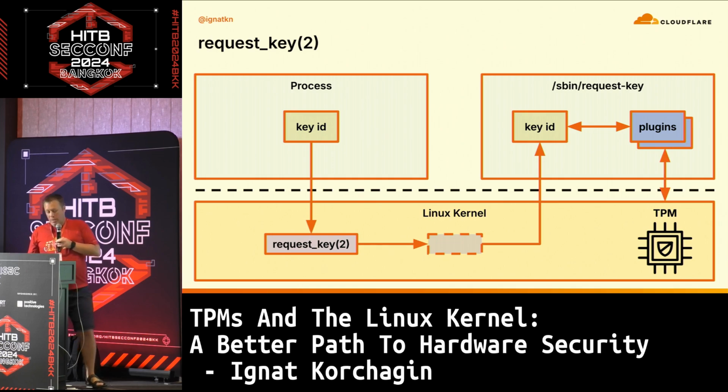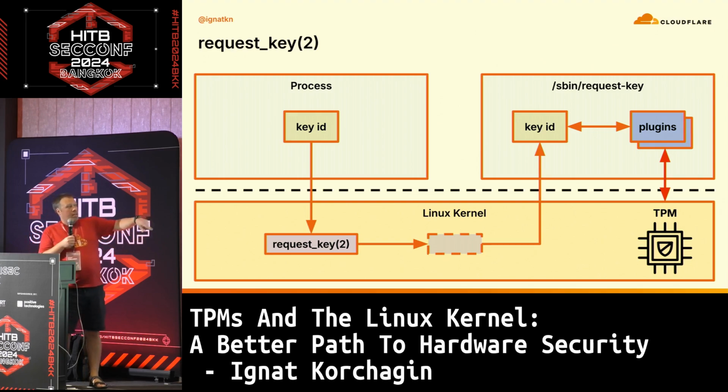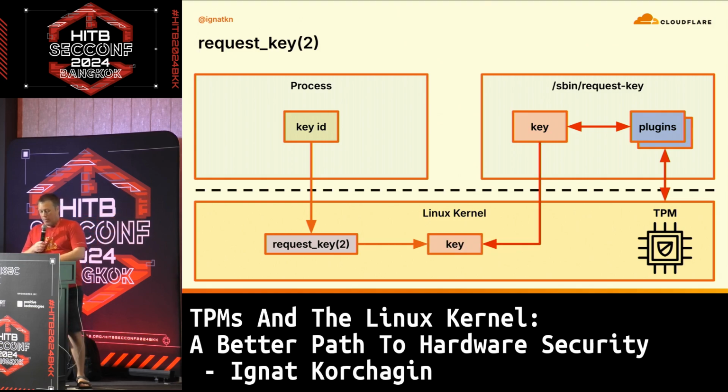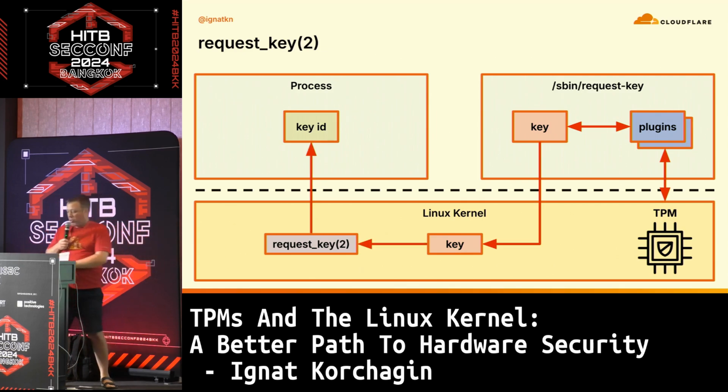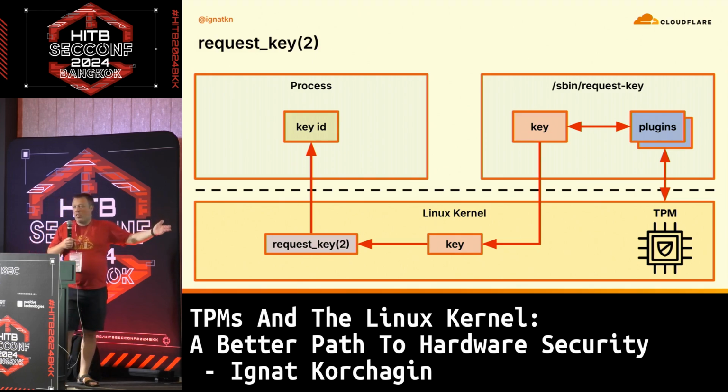So my plugin will call the TPM to generate the key. It will return the key back to the plugin. The plugin will instantiate the key in request key, and then the key will go inside the kernel. The application will just receive an error code that everything worked, and the application can now use the key.